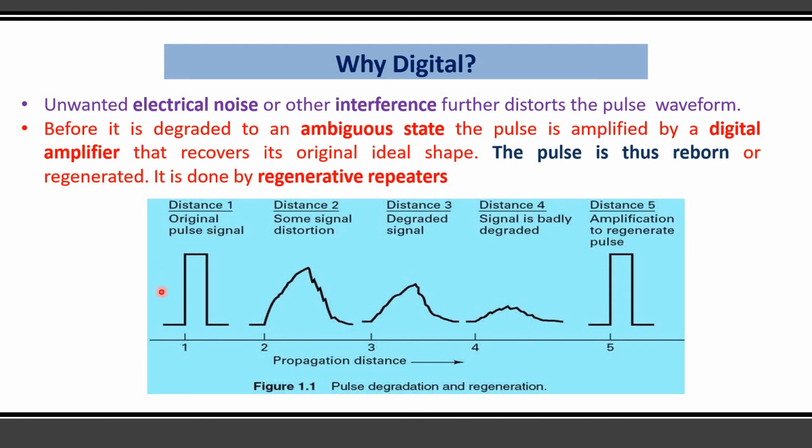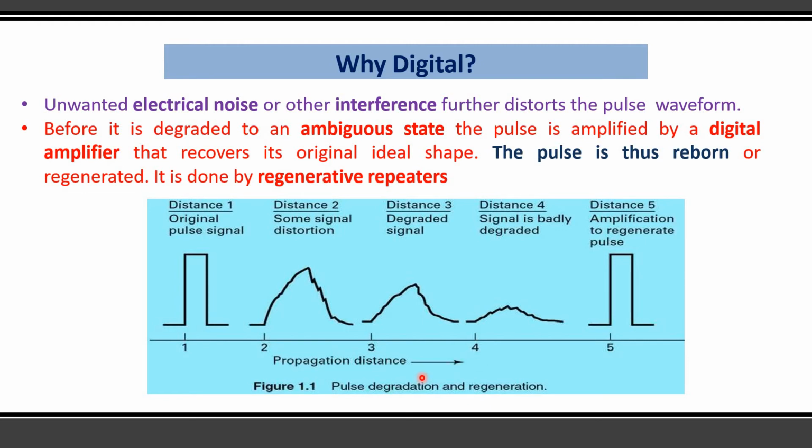Because we know that each binary is represented by using only two voltages, one is +5 and another one is 0. It depends on the line coding technique; we may represent it in a different way also. But generally, one is represented by using +5 volt and 0 is represented as -5 volt or 0. So in this situation, after amplification and regeneration, we are able to reconstruct the original signal.